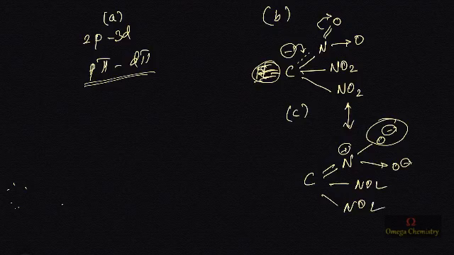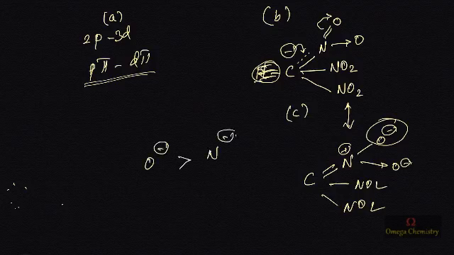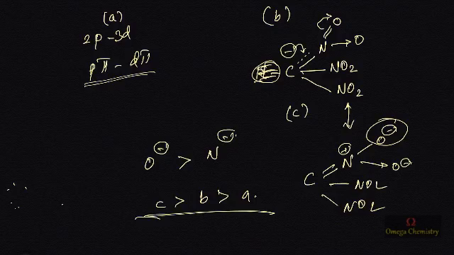So the more electronegative atom carrying the negative charge is more stable, this very basic rule, we know that, right? So negative charge on oxygen is more stable than negative charge on nitrogen. That's why compound C is more stable than compound B, which is more stable than A. So that is also the relative acidic order for these compounds.